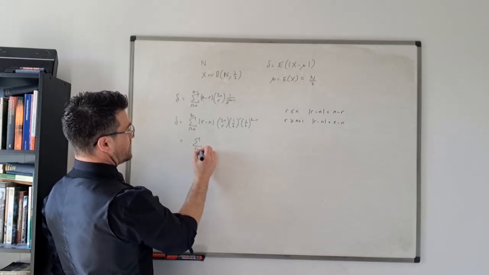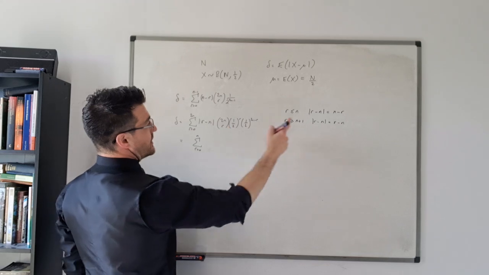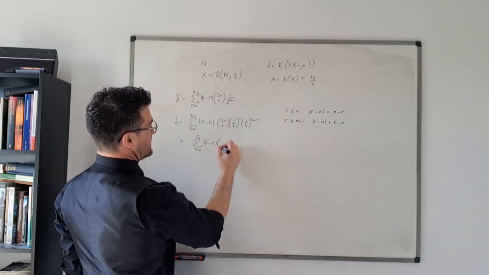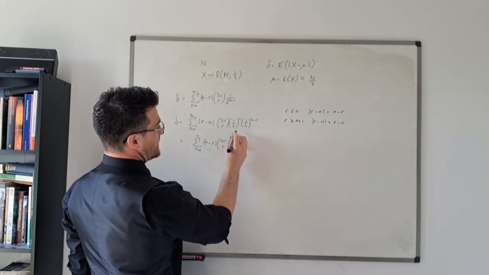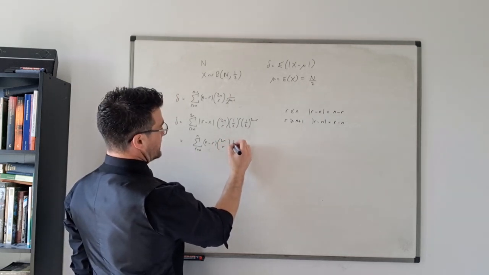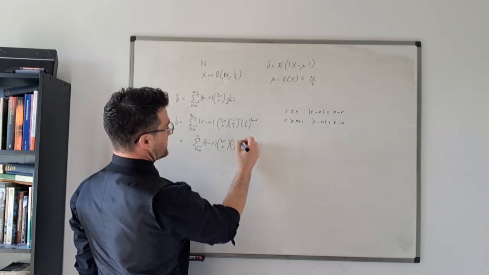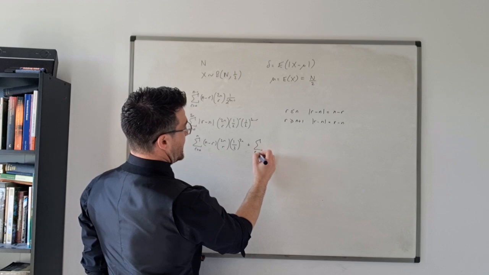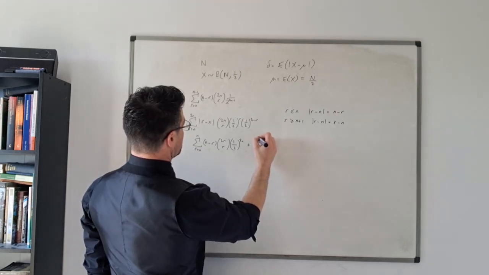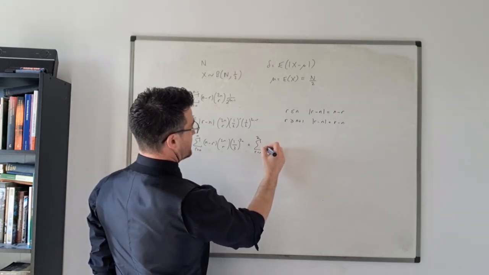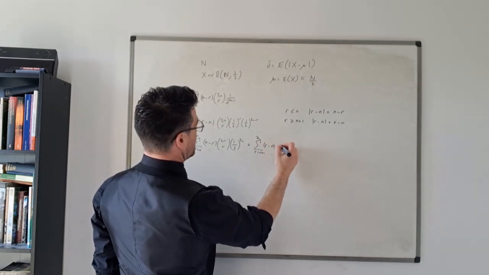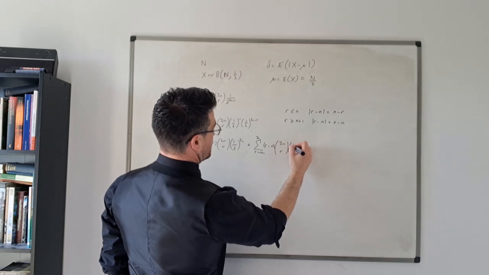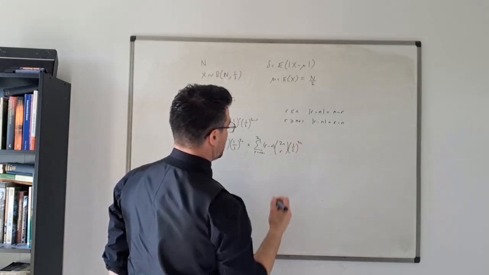The sum from r equals 0 to n of the modulus of r minus n, which is going to be n minus r, 2n choose r, and I can combine that into 1/2 to the power of 2n, plus the sum from r equals n plus 1 to 2n of r minus n, 2n choose r, 1/2 to the power of 2n.